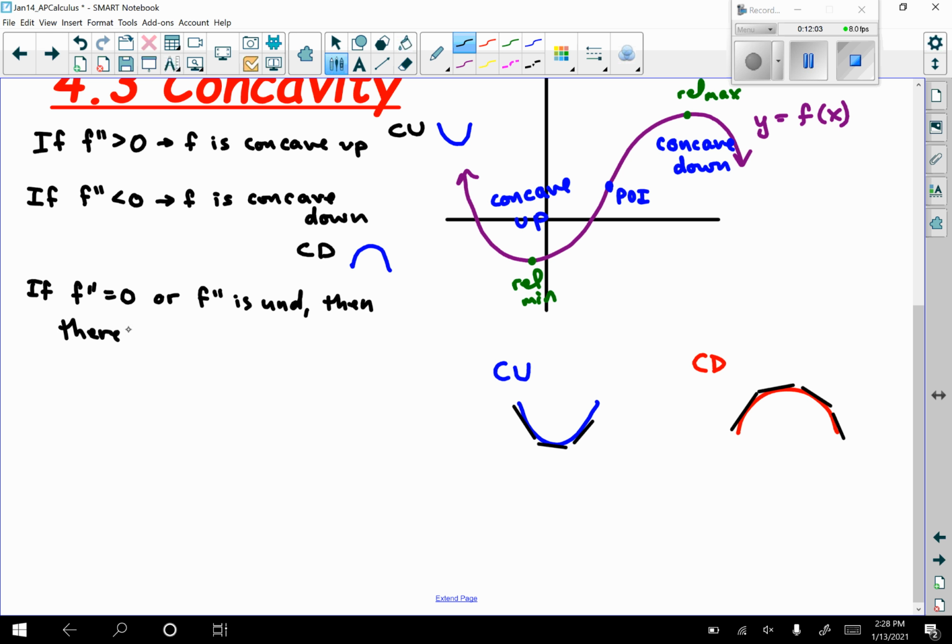So I say possible, that's only if concavity changes. We'll just say the critical number.